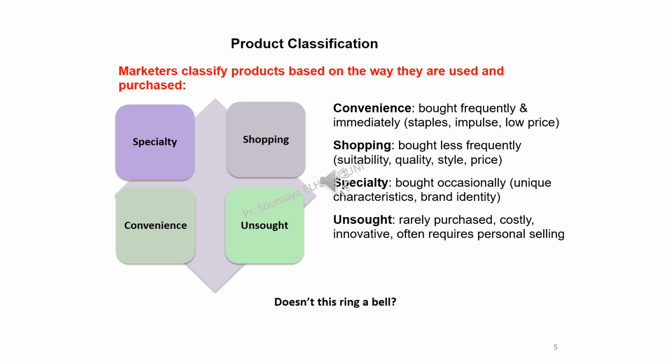These can be part of unsought products. So it's very important for marketers to understand these categories, because the way they promote and distribute products will really depend on how they are purchased.